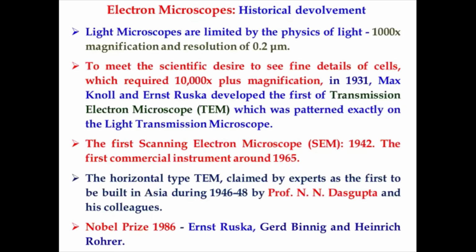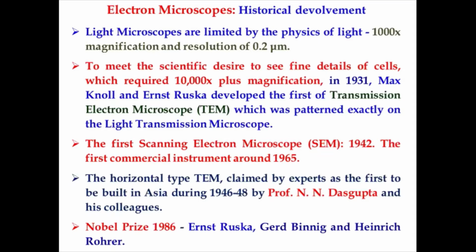To meet the scientific desire to see the fine details of cells and other biological entities, which required 10,000x plus magnification, an attempt was made by Max Knoll and Ernst Ruska to develop the transmission electron microscope. Now in the lecture, you will see that the transmission electron microscope is very difficult to operate and a very complicated instrument compared to the scanning electron microscope.